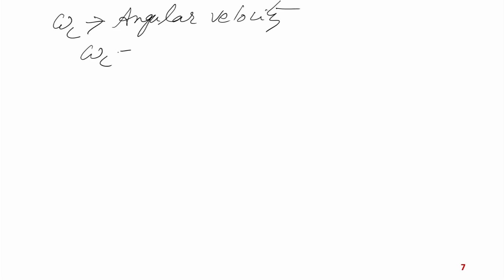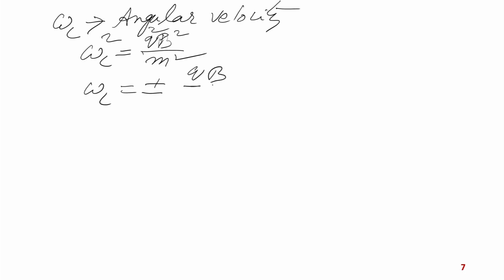If you see, this omega c square is equal to, we have put it like that, q square b square by m square. So, I can write omega c is equal to plus minus q b by m. Plus and minus will depend on whether it is clockwise or counterclockwise.